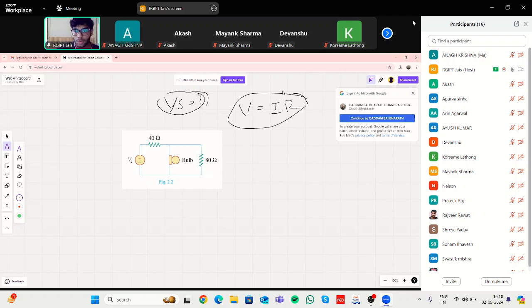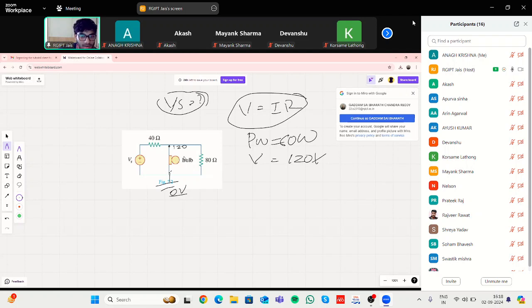Now, in the question we are given that the bulb is operating at a power of 60 ohm, and the potential is given to be 120 volt. So that means if we take this as our reference node, we'll be getting 0 volt over here, and for this it should be 120.